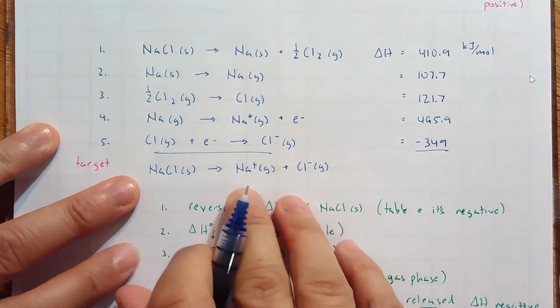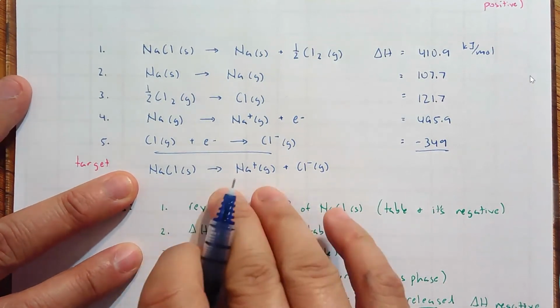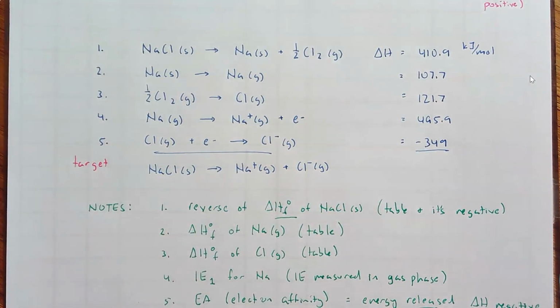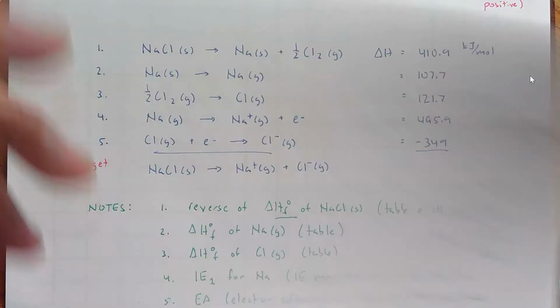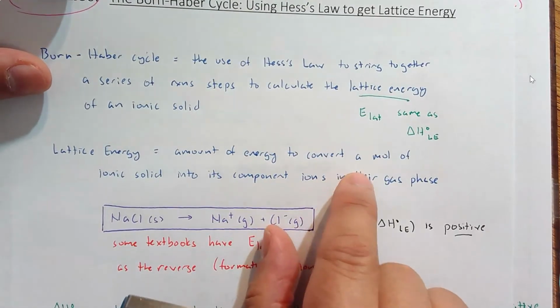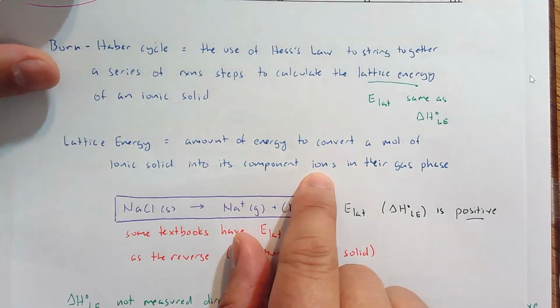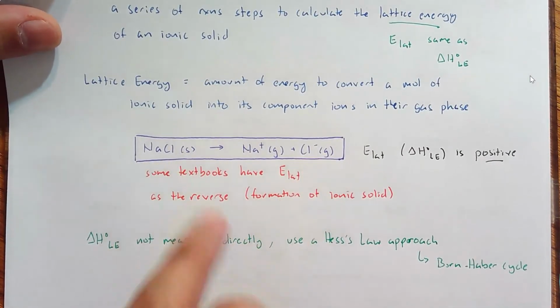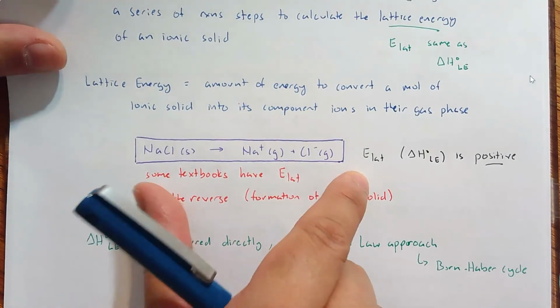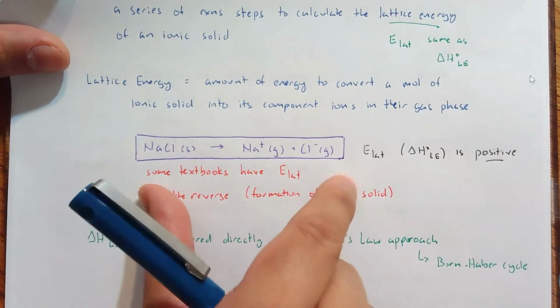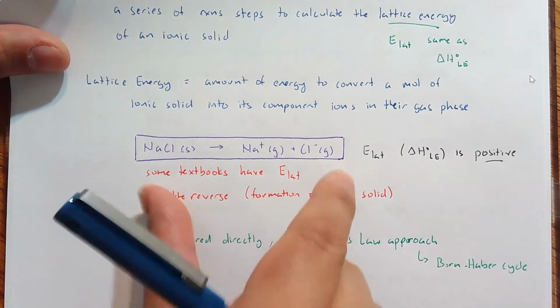That is the equation for lattice energy, because this textbook defines it as the amount of energy to convert a mole of ionic solid into its constituent ions. So according to the textbook, this is describing lattice energy. The energy associated with this process is lattice energy.